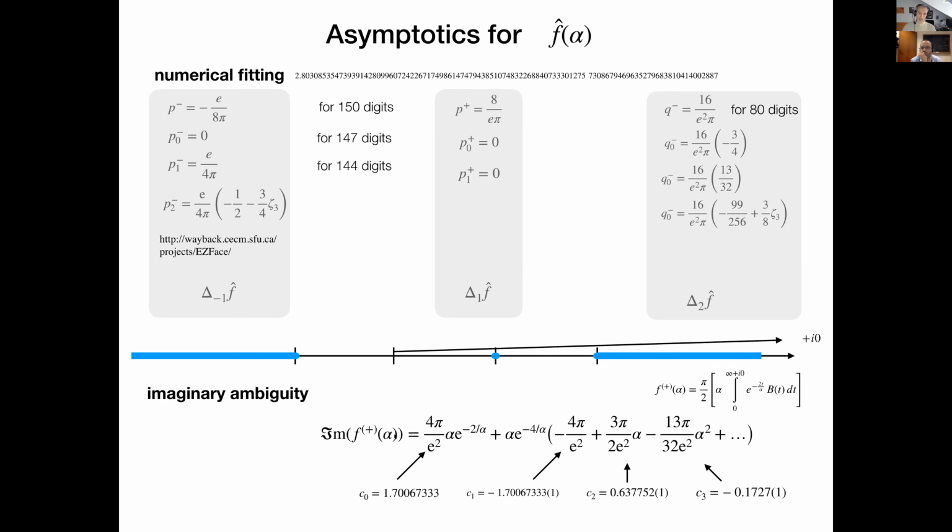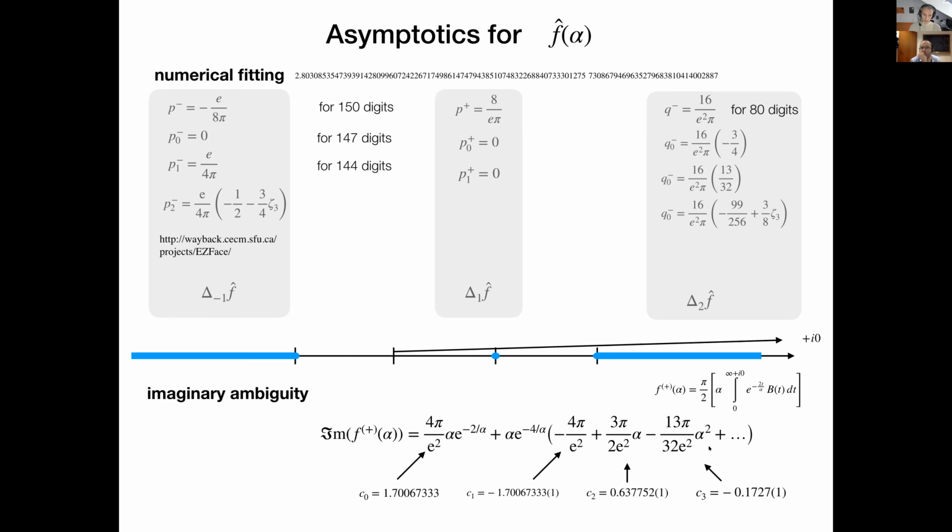Then you see the imaginary part of this function in terms of these already fitted coefficients, which we believe are exact, of course. You can compare the numerical values to the previously fitted values obtained from the conformal mapping and the numerical solution of the TBA, and they agree for the digits we believe were correct. So we now understand this imaginary ambiguity very well.